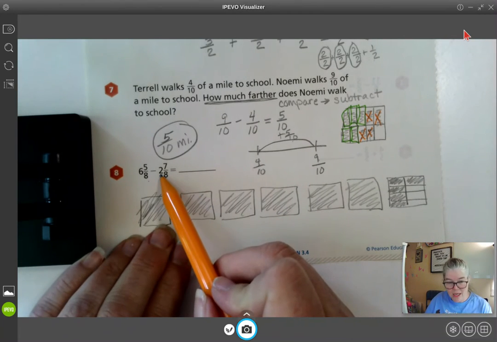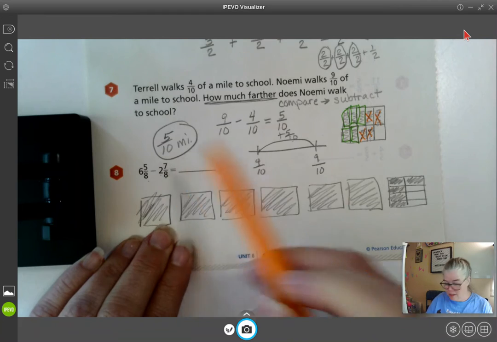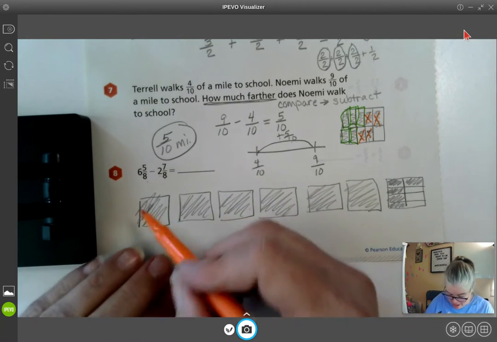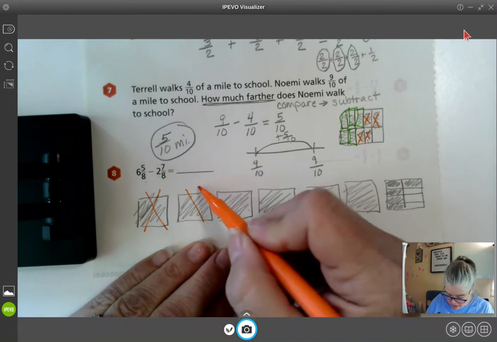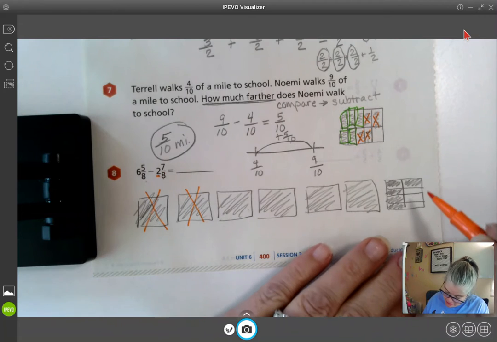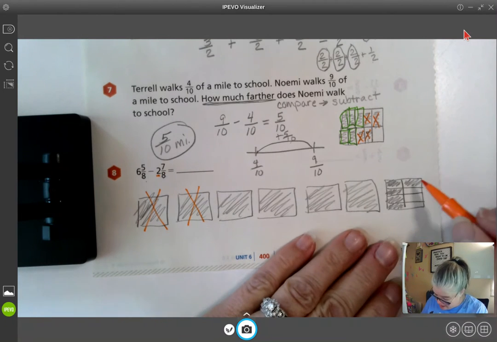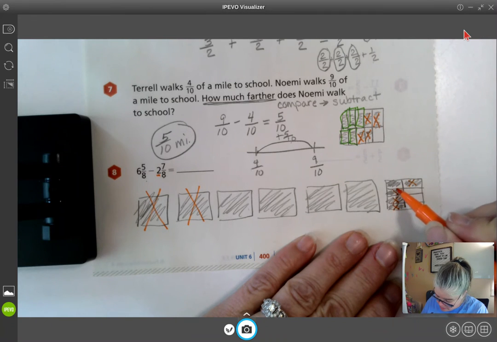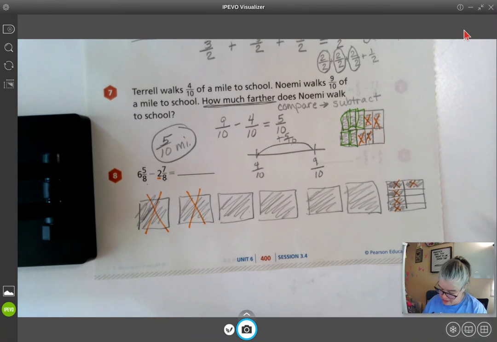Now it says I need to take away 2 and 7/8. So with my other marker, so that you can see it really well, I'm going to take off 2 wholes right there, and then 7/8 of the next. Okay, well I have 5/8 that I can take away. 2, 3, 4, 5/8. I need to take away 2 more 8ths.